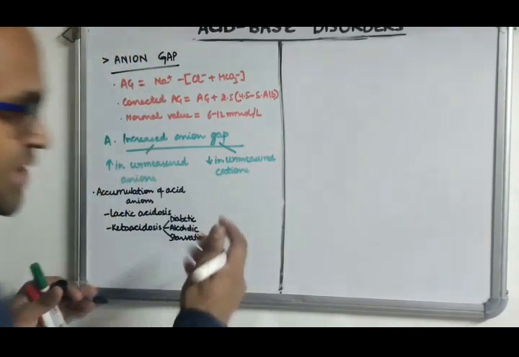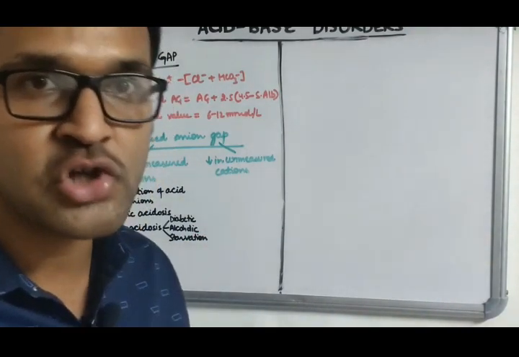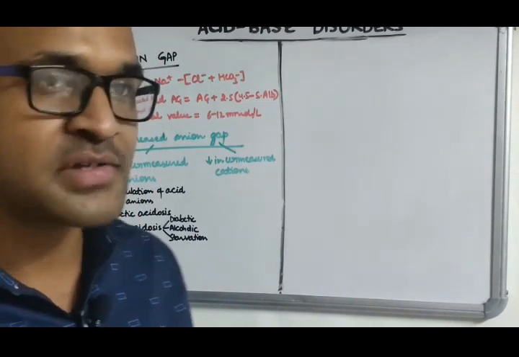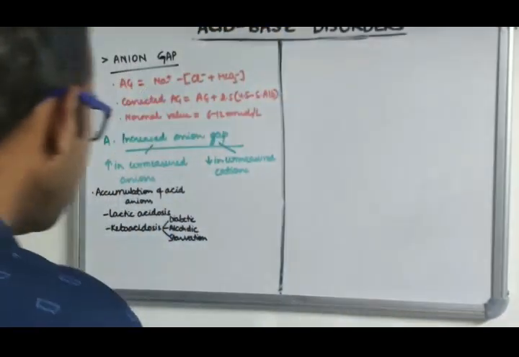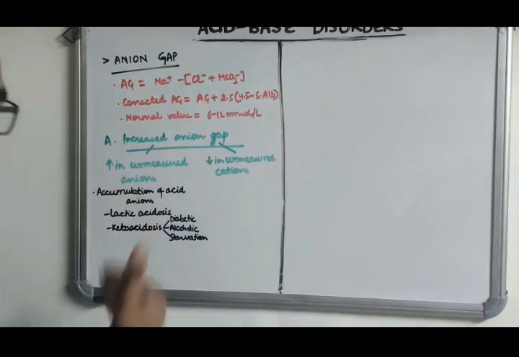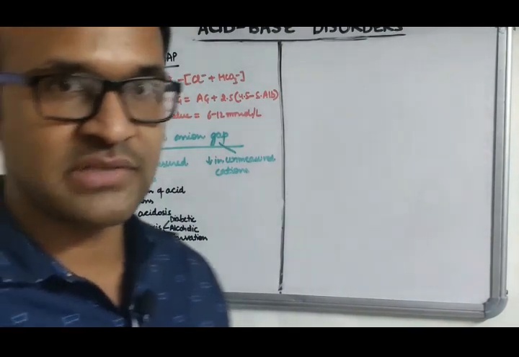Now there can be accumulation of exogenous acid anions also, like if we have a patient who has taken an overdose of salicylic acid, or if there is a toxic alcohol ingestion like methanol, ethanol, ethylene glycol, propylene glycol. All of these conditions can result in increased anion gap metabolic acidosis, because they in turn result in production of organic acids.